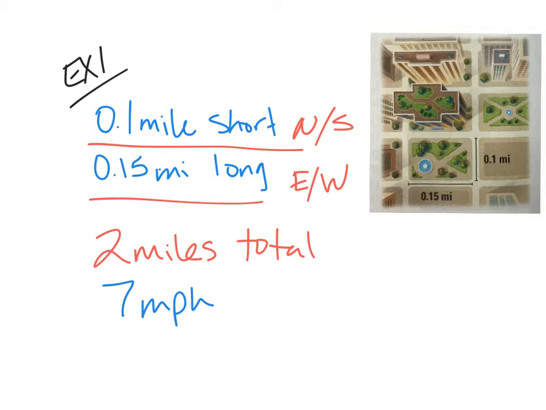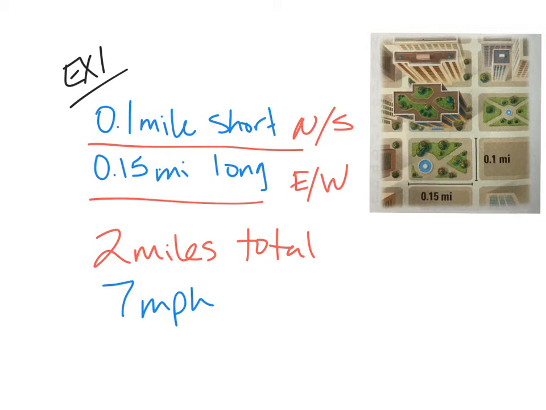So the question they're asking is how many short blocks do we need to run? So how many long blocks did it say we're going to run for sure? Keep reading. It says 2 blocks east and 2 blocks west. Those are all the long blocks, right?